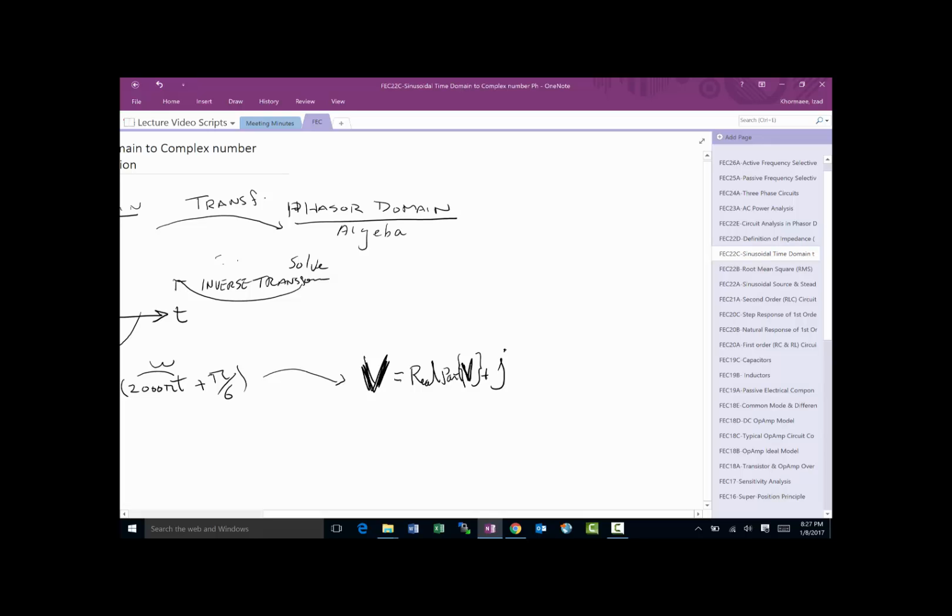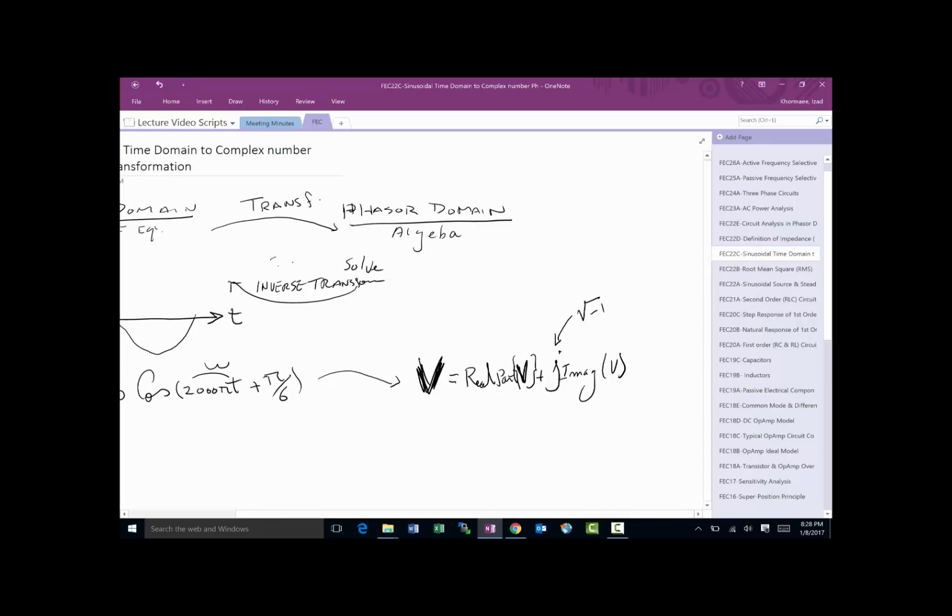In electrical engineering, we have a special use for i, so we use J as an indicator that what comes after is the imaginary part of V. And this is basically the square root of -1. The purpose it has here really is to separate the imaginary from the real part.